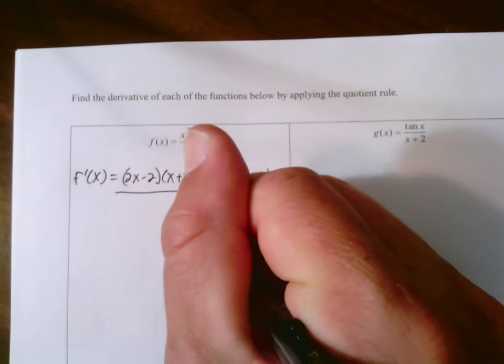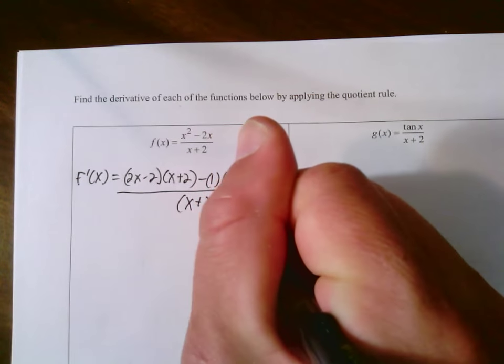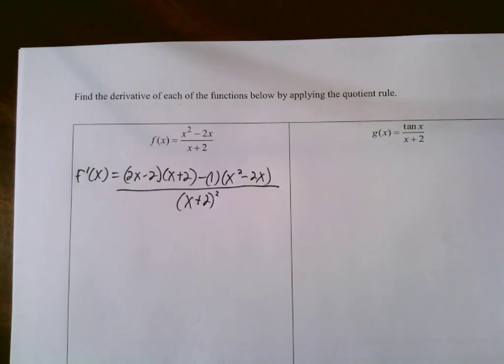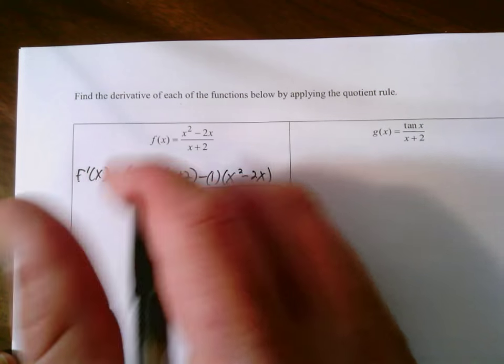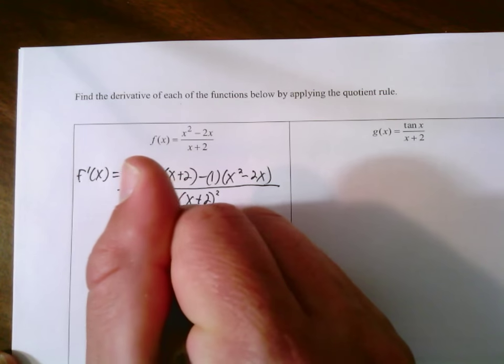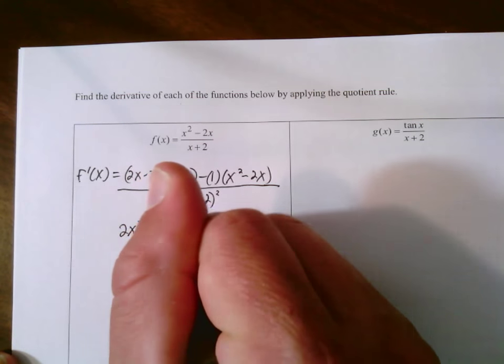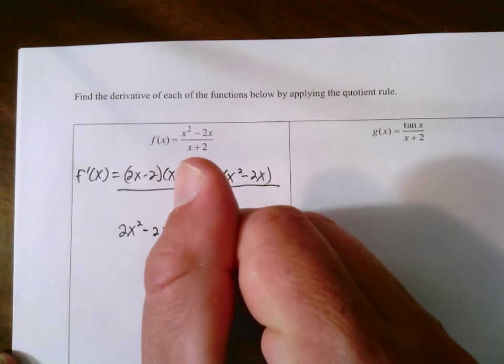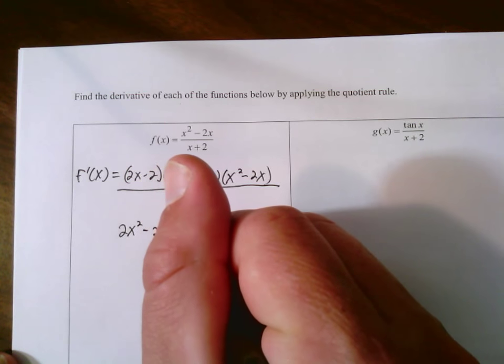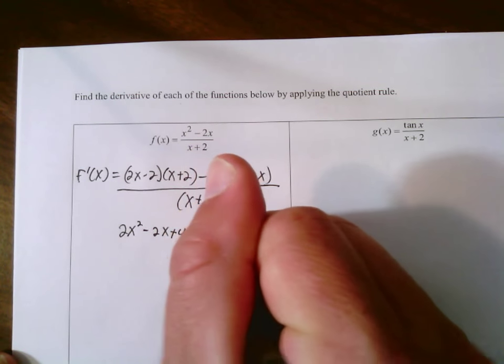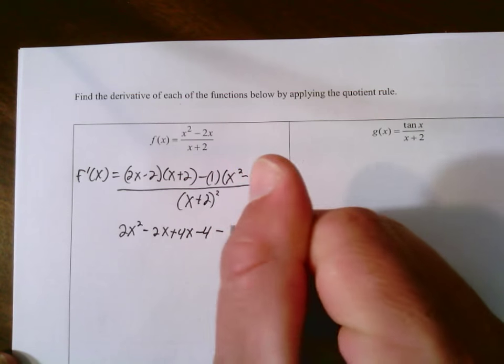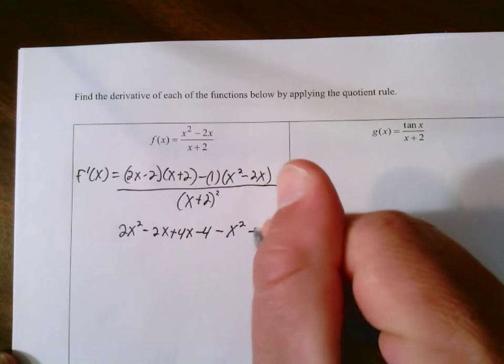All of that over x plus 2 squared. Let's just see. I get 2x squared minus 2x plus 4x minus 4 minus x squared plus 2x.